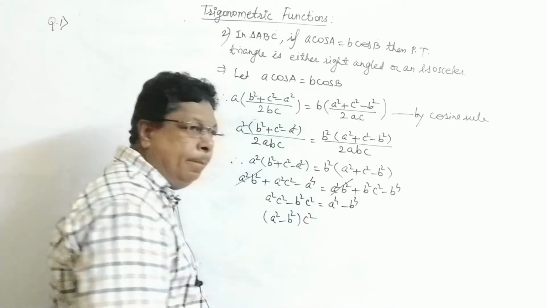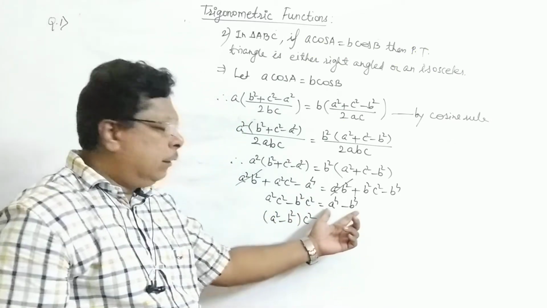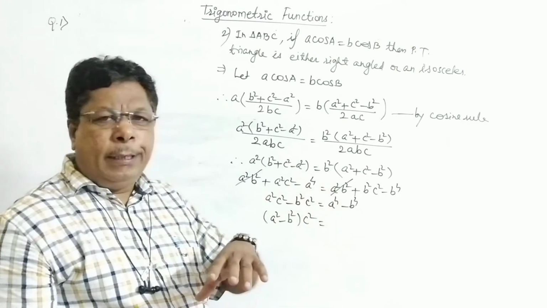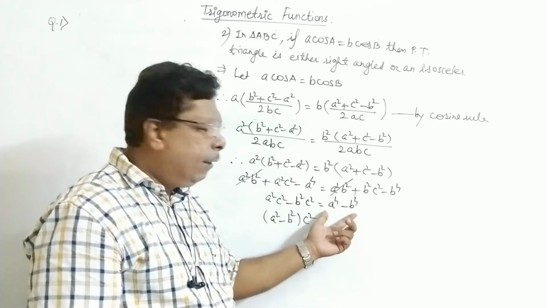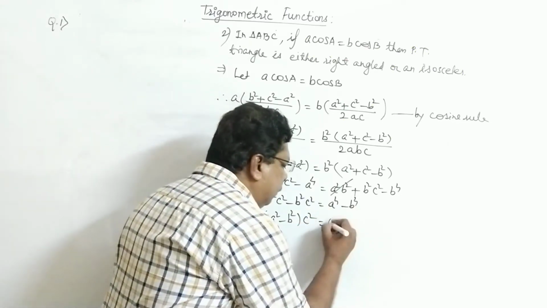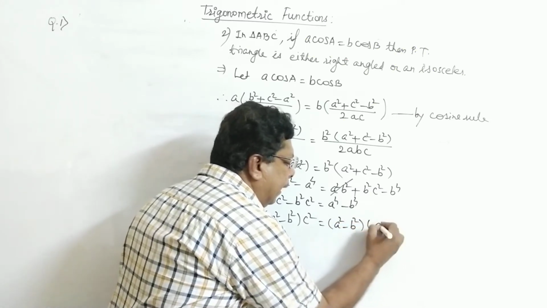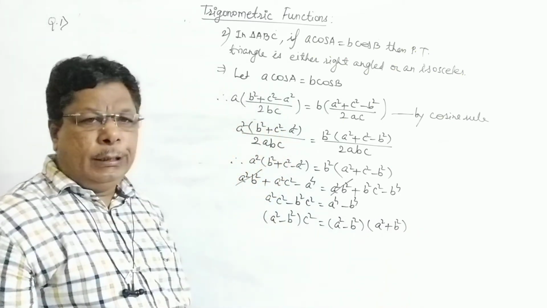Now factorize: factors of A square minus B square are A minus B, A plus B. In a similar manner, factors of A raised to 4 minus B raised to 4 are A square minus B square in the first bracket and A square plus B square in the second bracket.